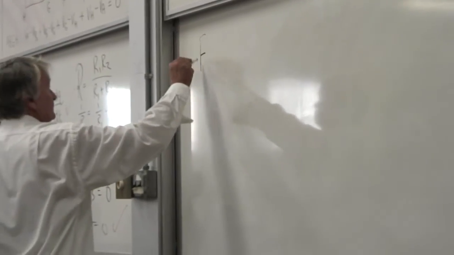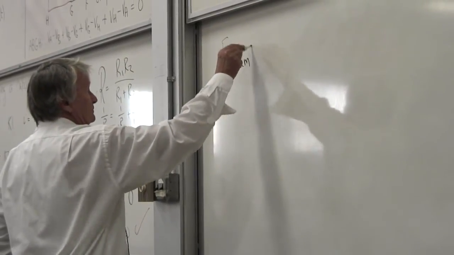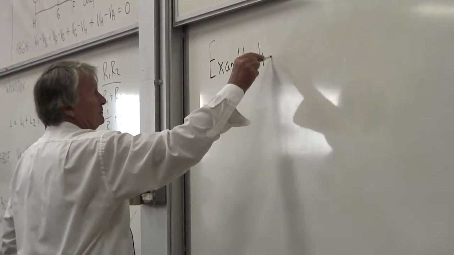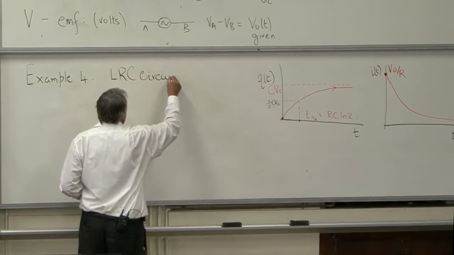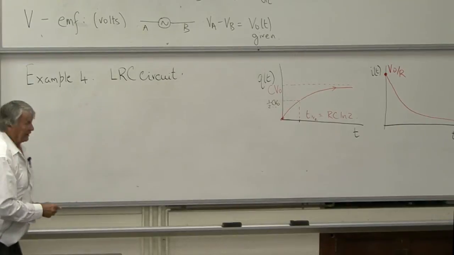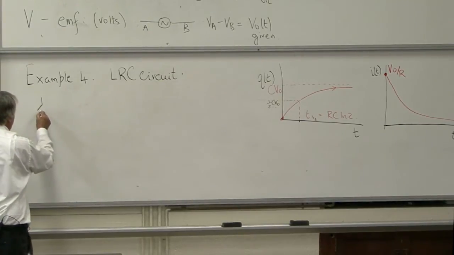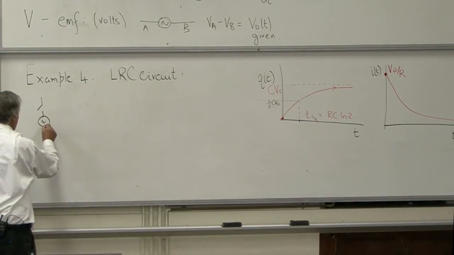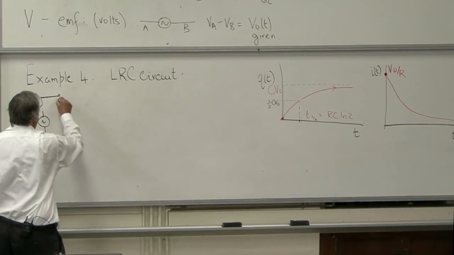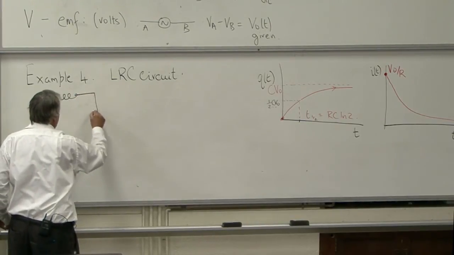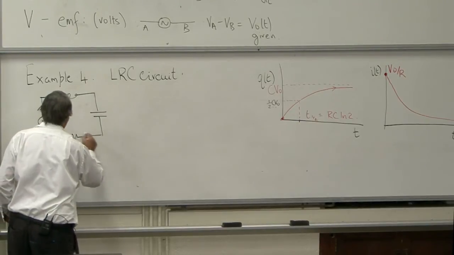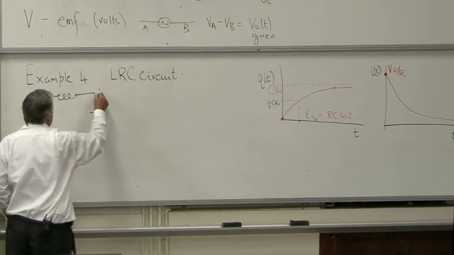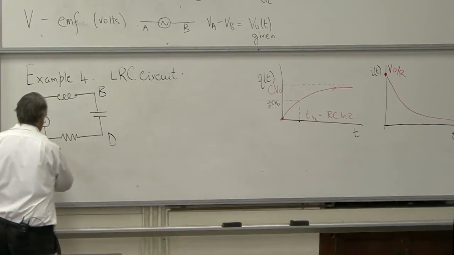Example 4 is the LRC circuit. Again, I have a switch, a source of EMF, an inductance, a capacitance, and a resistance. So A, B, D, F.